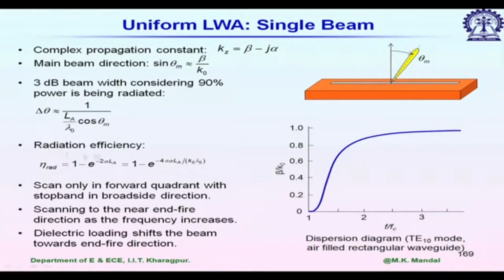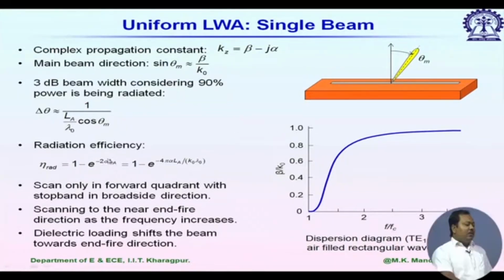Radiation efficiency eta rad is given by 1 minus e to the power minus twice alpha L A, where L A is the total length of this slot from left to right. So, for smaller alpha we have to use a longer length L A to radiate at least 90% of the power and to have a narrow beam width.